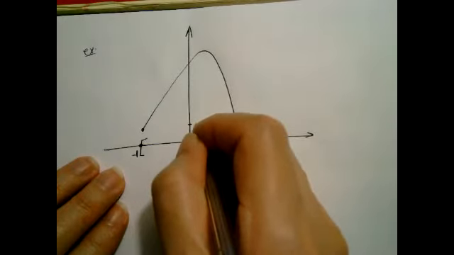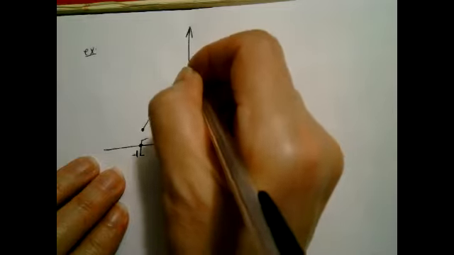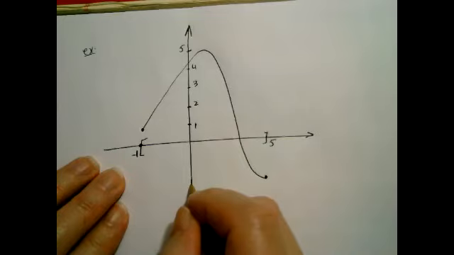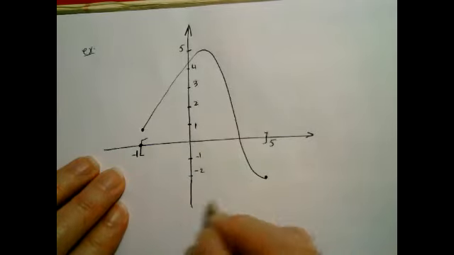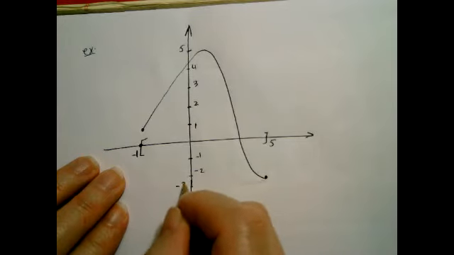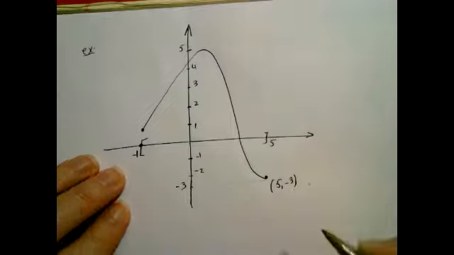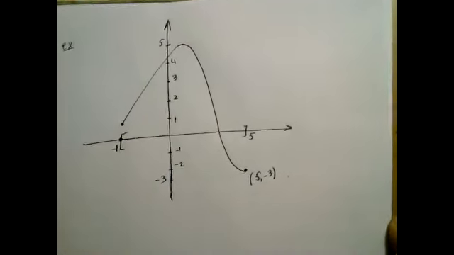So I'm going to put a 1, a 2, a 3, a 4, 5, and it's a -1, -2, and this point is -3. So this point right here is (5, -3), just to be very clear. And so this is the graph of my function.